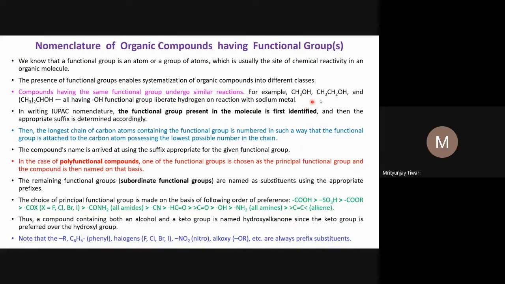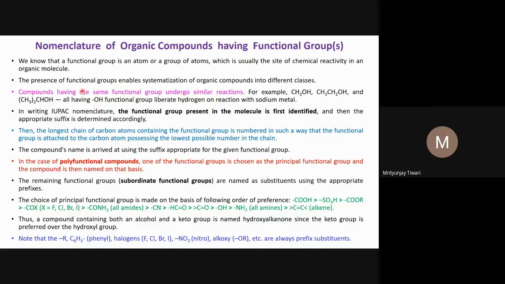Why is this? Because the OH group is common. The only thing common in all these compounds is the OH group. So compounds having the same functional group undergo similar reactions. This is a very important point that we know about functional groups.